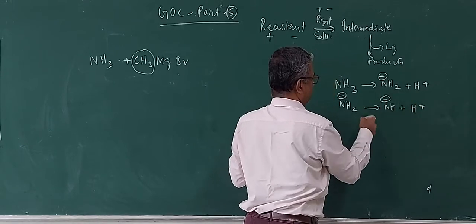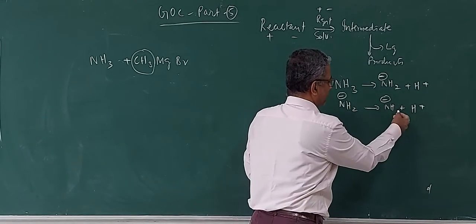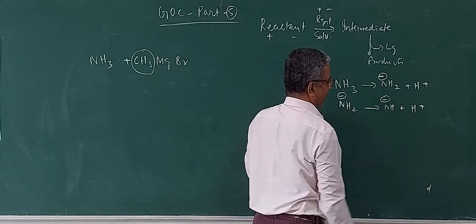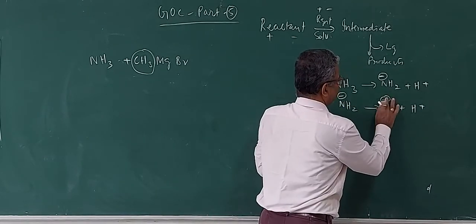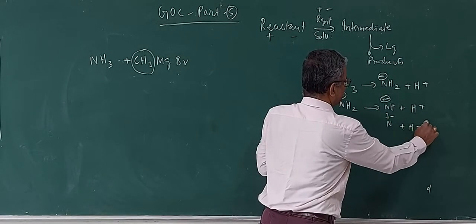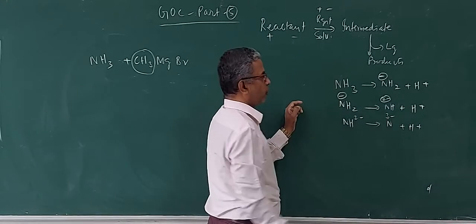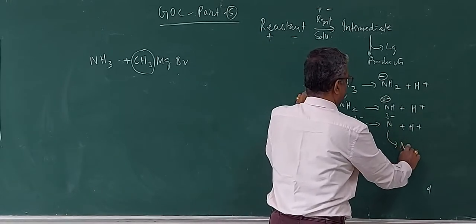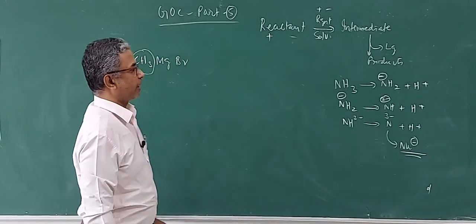Each hydrogen can be replaced, and these are all nucleophiles. So you will have NH2 minus, N2 minus and N3 minus, with the third hydrogen coming from this. So all these are nucleophiles. This is how you generate plus minus here.